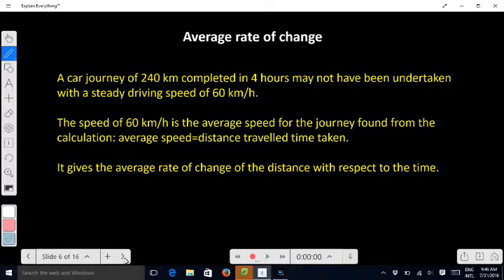The speed of 60 k's per hour is an average speed for the journey. If you remember from physics, the average speed equals the distance traveled divided by the time taken. Speed equals distance over time. So it gives an average rate of change for the distance with respect to time.